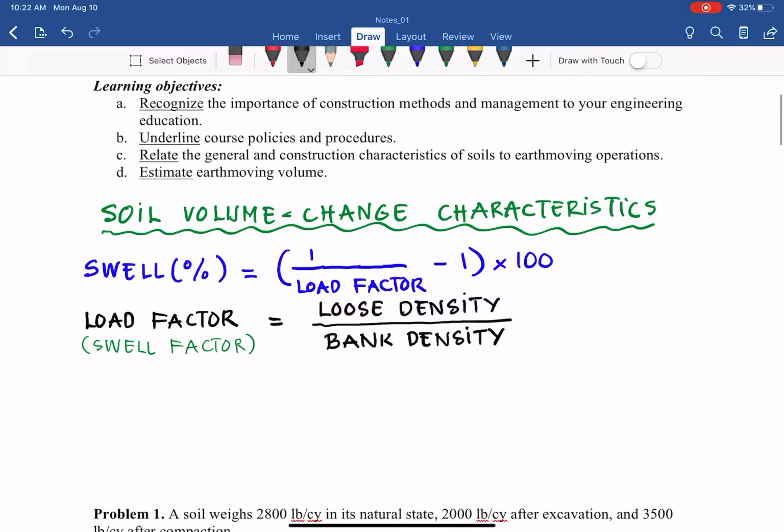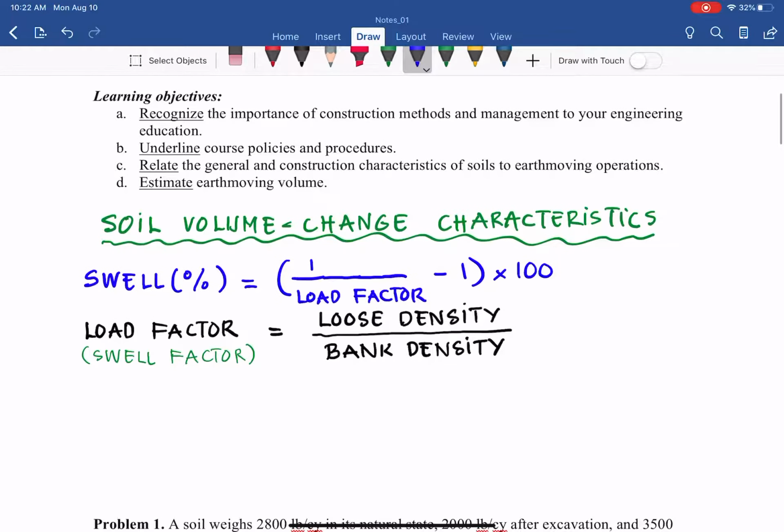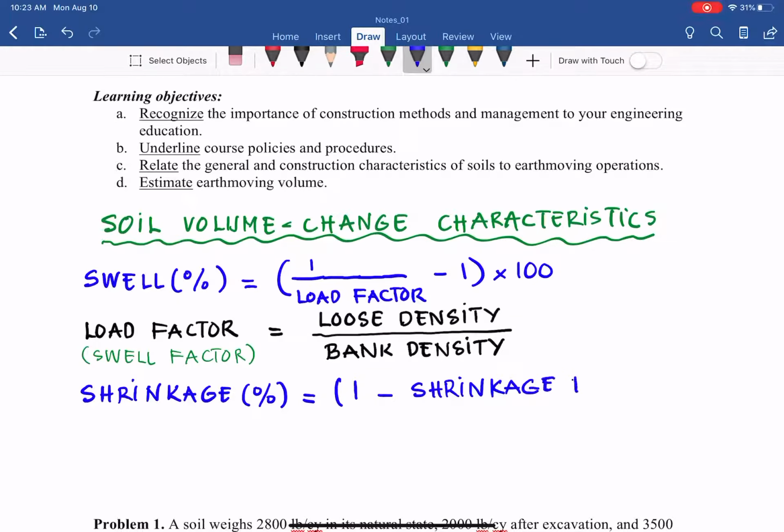And then if we change the volume from bank condition to compacted condition, then we have a shrinkage percentage. Shrinkage percentage, in this case, equals 1 minus shrinkage factor, times 100.